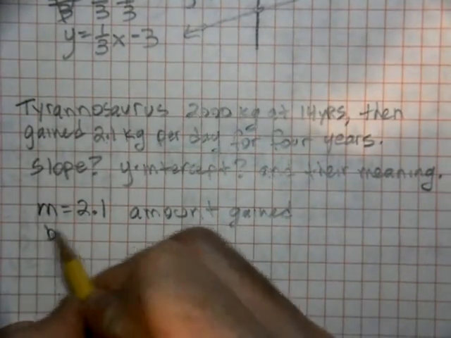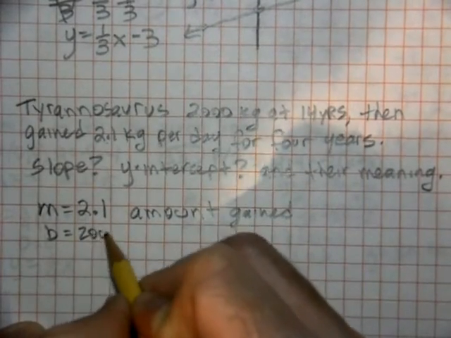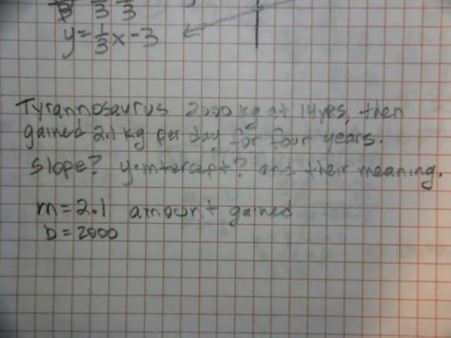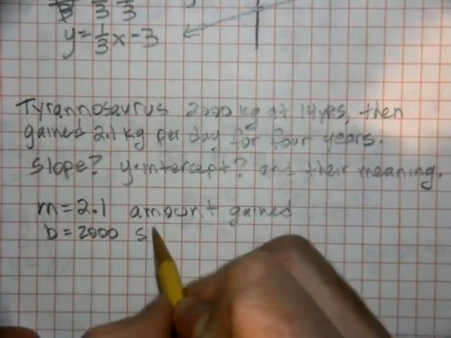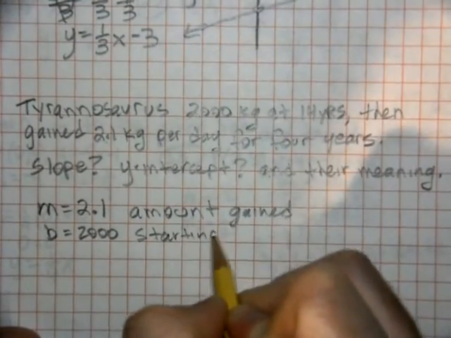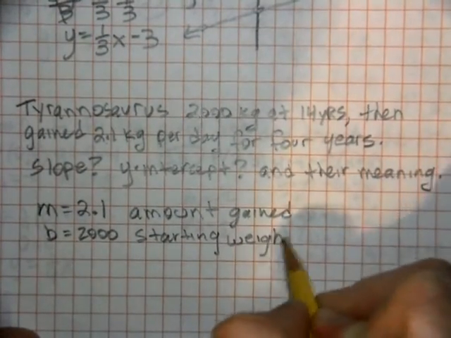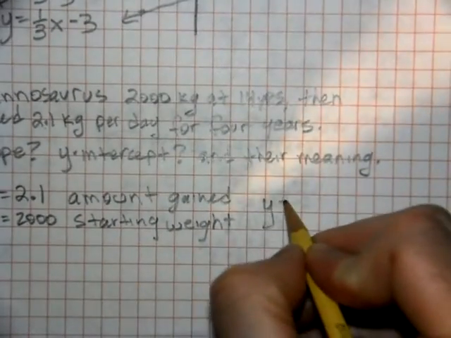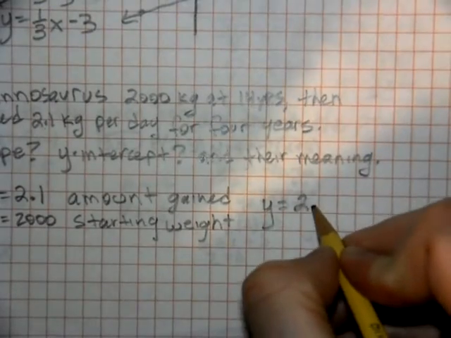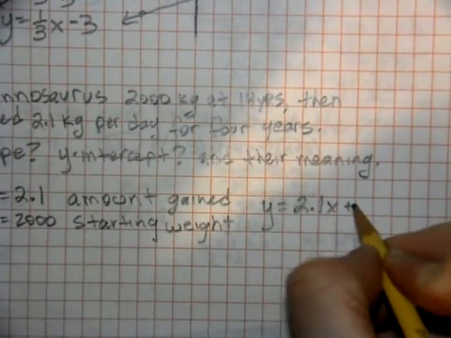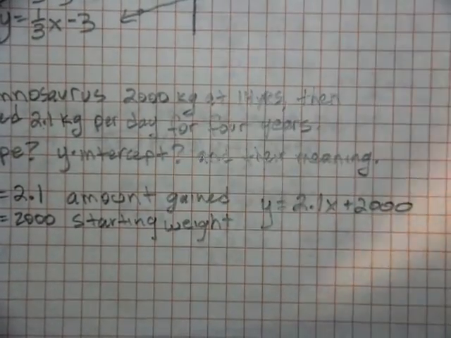The y-intercept, which is 2,000, is a starting weight before it hit its growth spurt. So our equation would be y equals 2.1x plus 2,000.